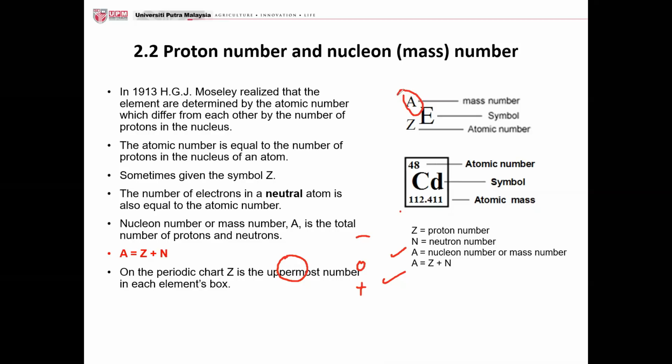You can use this formula to calculate the nuclear number: A is equal to Z plus N, where A is the nuclear number or mass number, Z is the proton number, and N is the neutron number. On the periodic table, the atomic number is the uppermost number in each element's box.